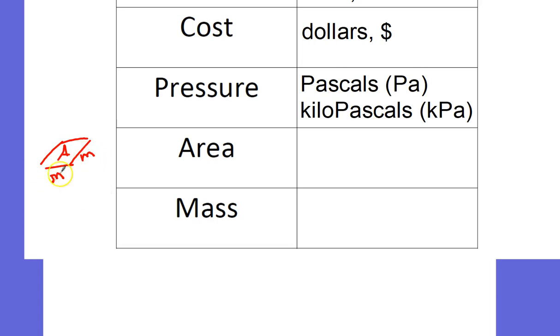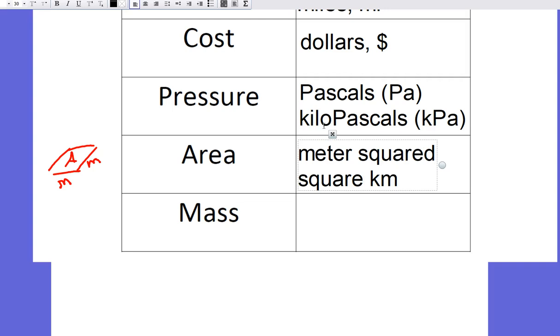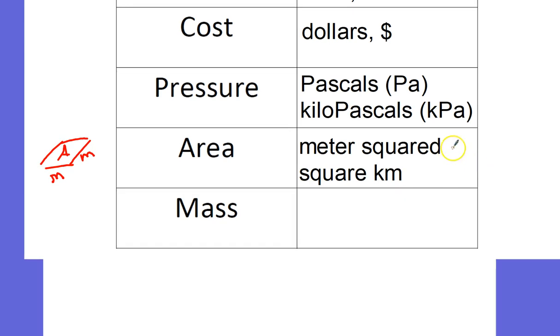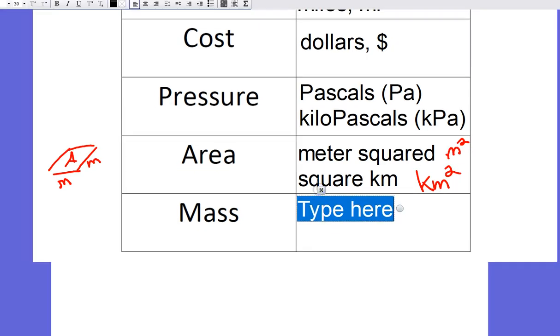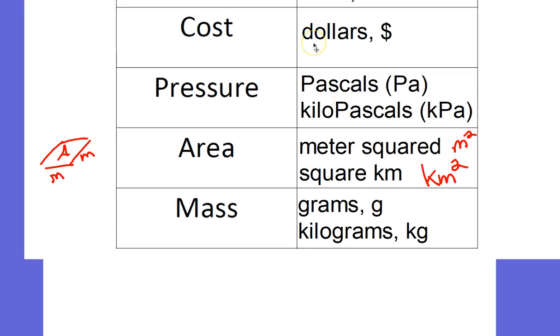So that's a meter squared. A meter times a meter is a meter squared. Mass is measured in grams, or kilograms. Obviously, a kilogram is 1,000 grams. Okay, please make sure that you've got those on your paper.